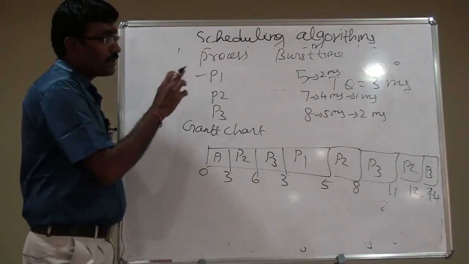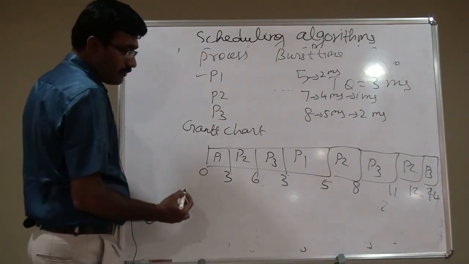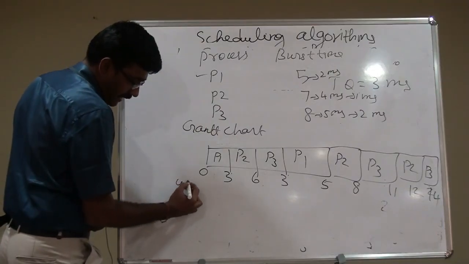Round robin works based on the time quantum value. Then waiting time.